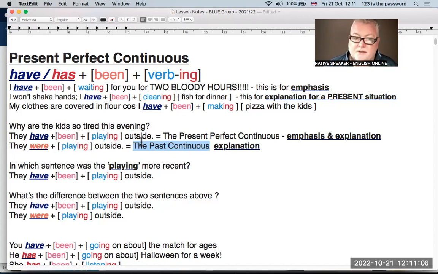Why are they so tired? And the au pair, Alba or Paula, might say, well, they've been playing outside. Maybe the children came in 15 minutes ago. If the children were playing earlier in the afternoon, around 5 p.m., maybe Paula would say they were playing outside.